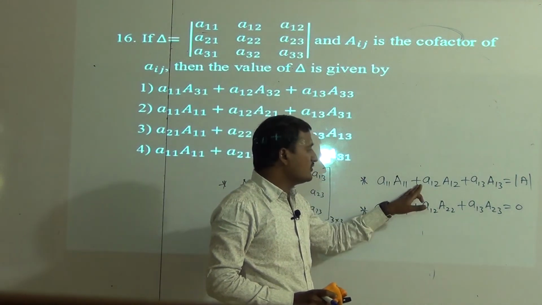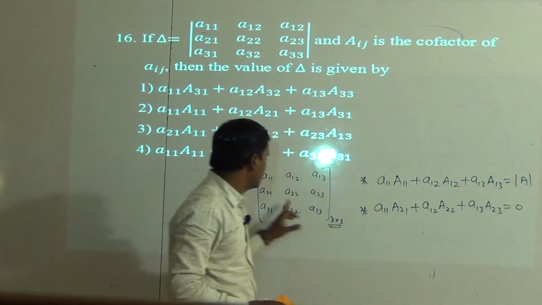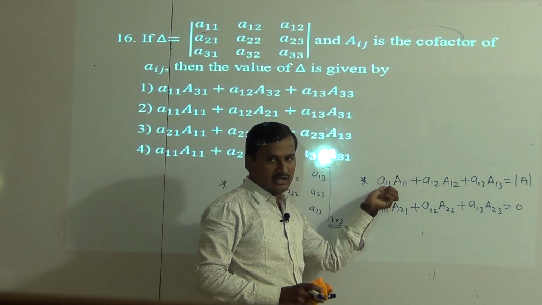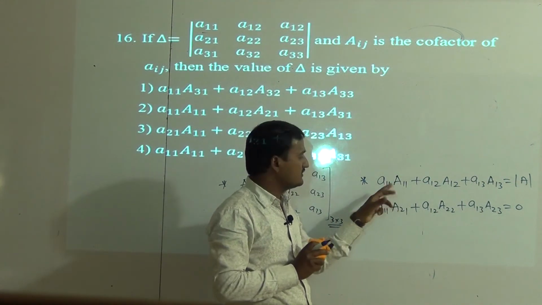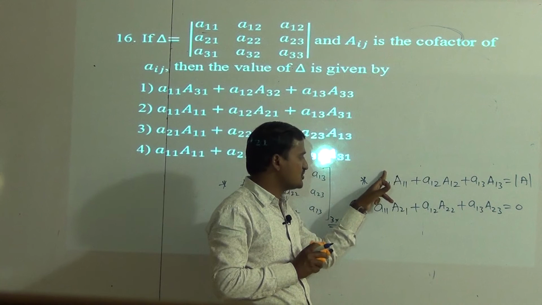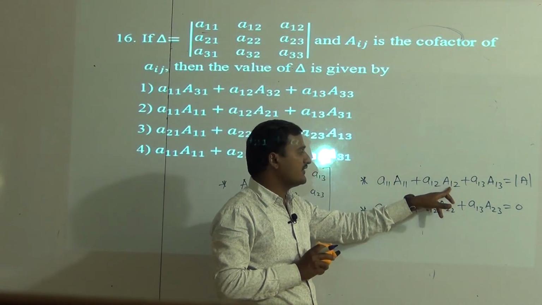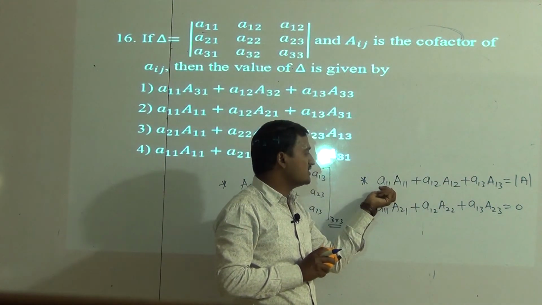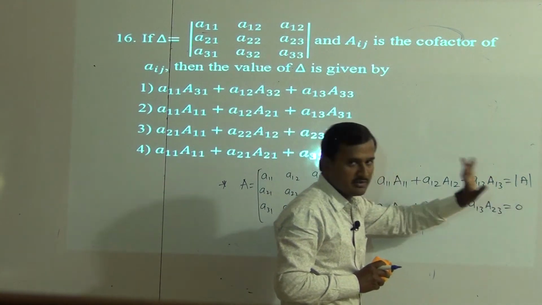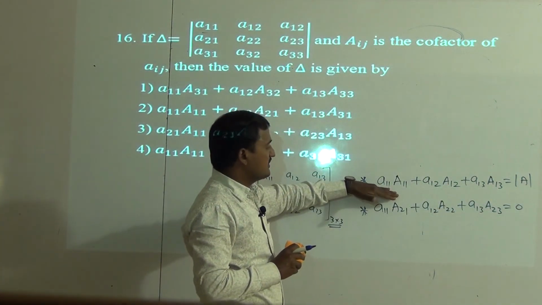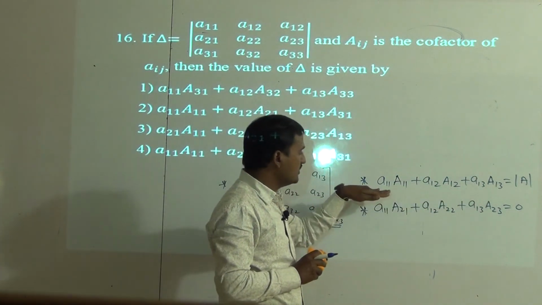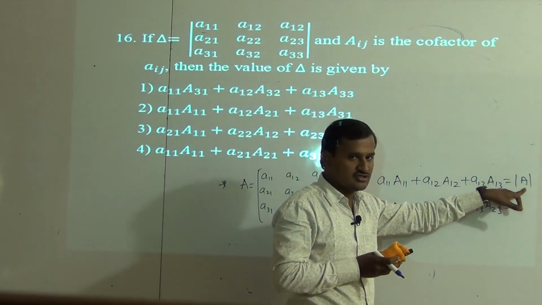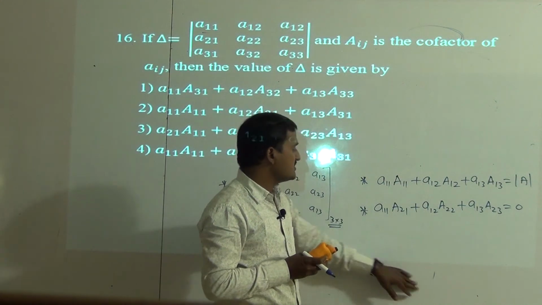So if you want to find the value of the determinant of this matrix, you have to take the sum of products of the corresponding element with the corresponding cofactor, the same element and the cofactor of that same element. Then you are getting the determinant of A. If you take the elements of the first row with the cofactors of the first row, the sum of products is the determinant.